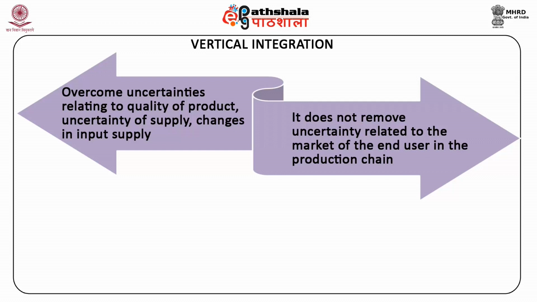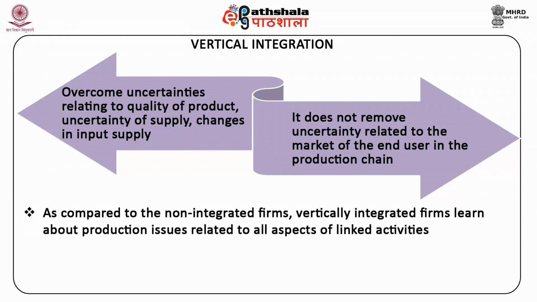The two major advantages of vertical integration in relation to information are: first, as compared to the non-integrated firms, vertically integrated firms learn about the production issues related to all the aspects of linked activities.